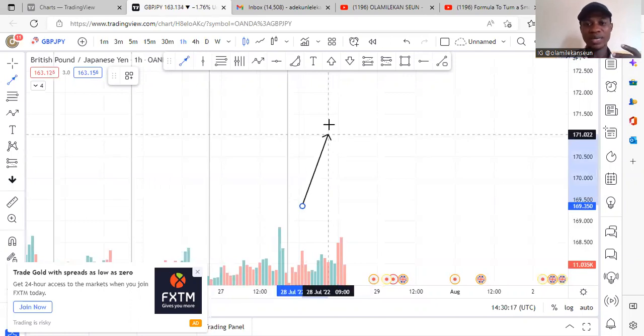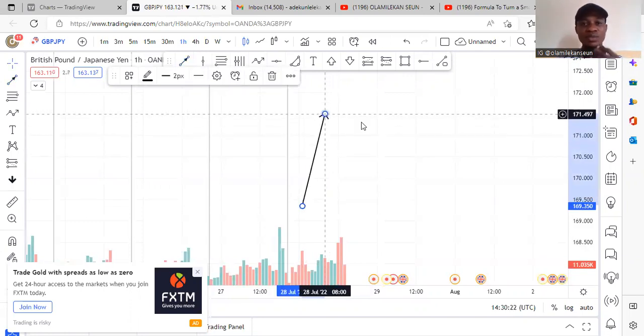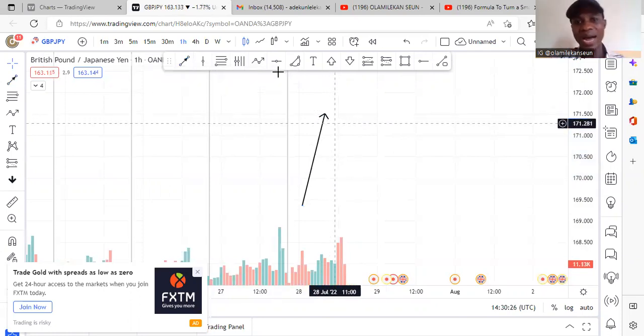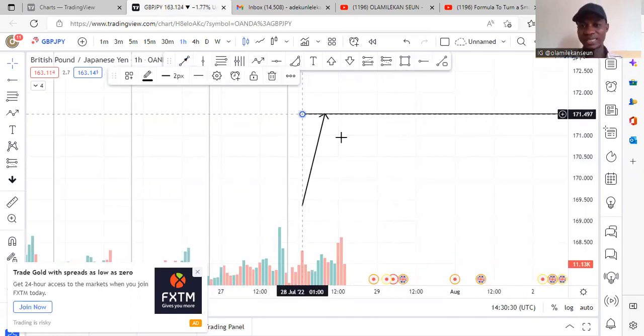So let's say the market is coming from this low to this high. When the market got to this high, it created a resistance at this high.